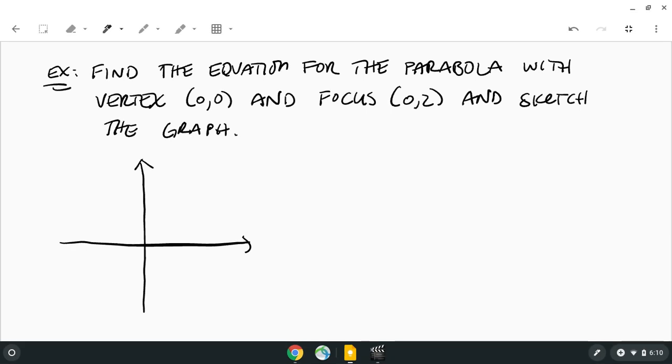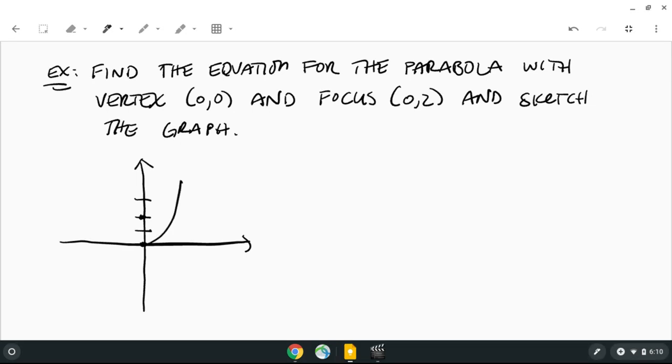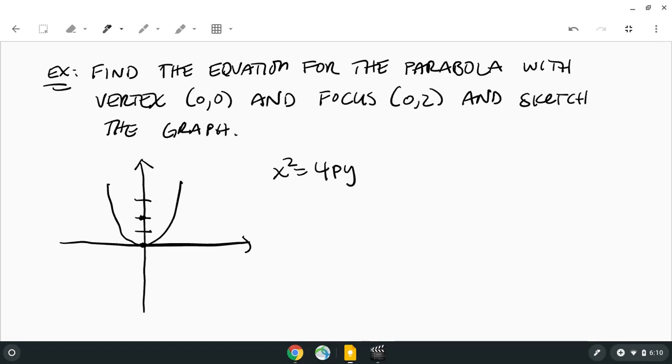The vertex is at 0, 0. Okay, great. And the focus is at 0, 2. So that alone already tells me so much. It tells me that my parabola opens upwards, which then tells me it's this kind of equation, and my p is a positive number. What is my p-value?